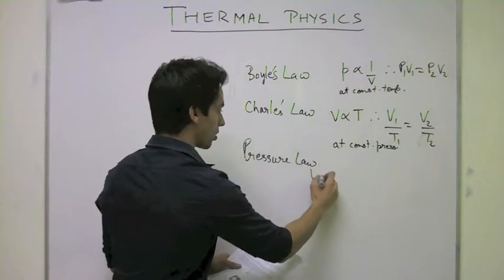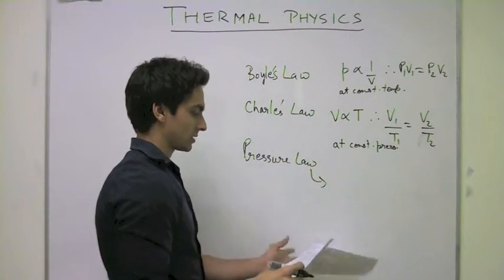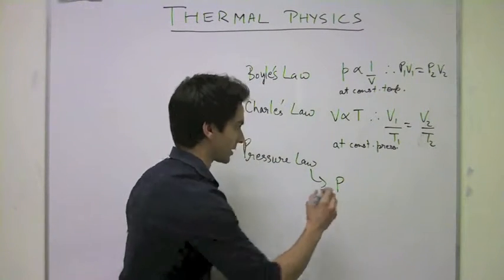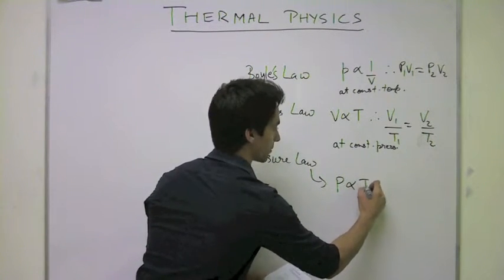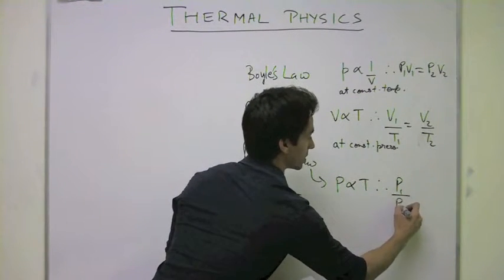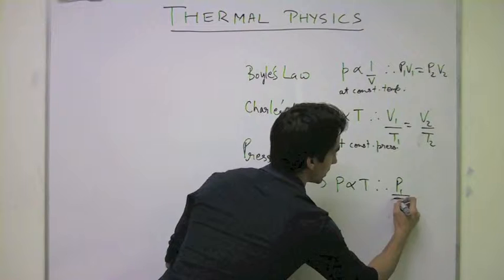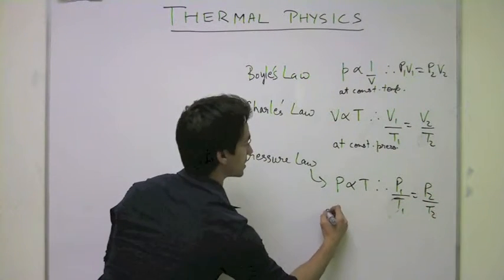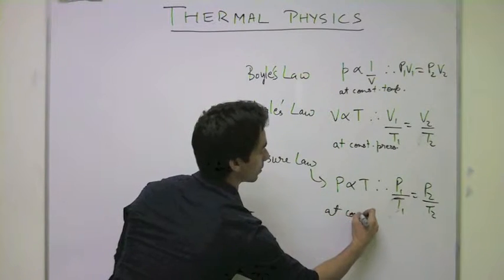Pressure law states that the pressure of a fixed volume of gas is proportional to its temperature. Therefore, for two states, P1 over T1 would be equal to P2 over T2. This is at constant volume.